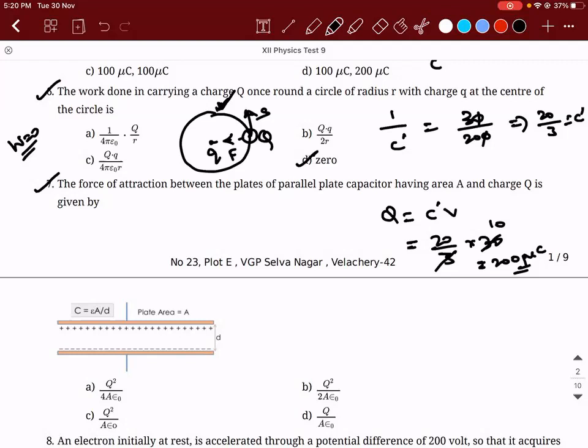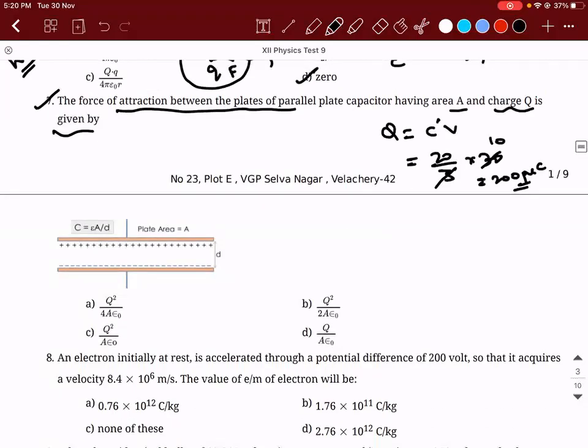Right? Yes, sir. Good. So the force of attraction with the plates of a parallel plate capacitor having area A and charge Q is given by. So what is the formula for force? Did anyone attempt this question? Yes, sir. What is the answer you got? Q square by A epsilon.